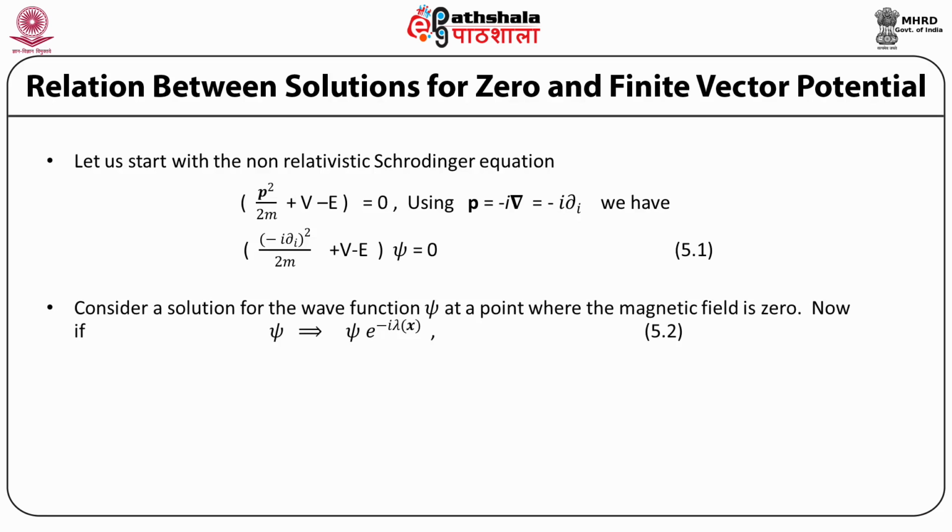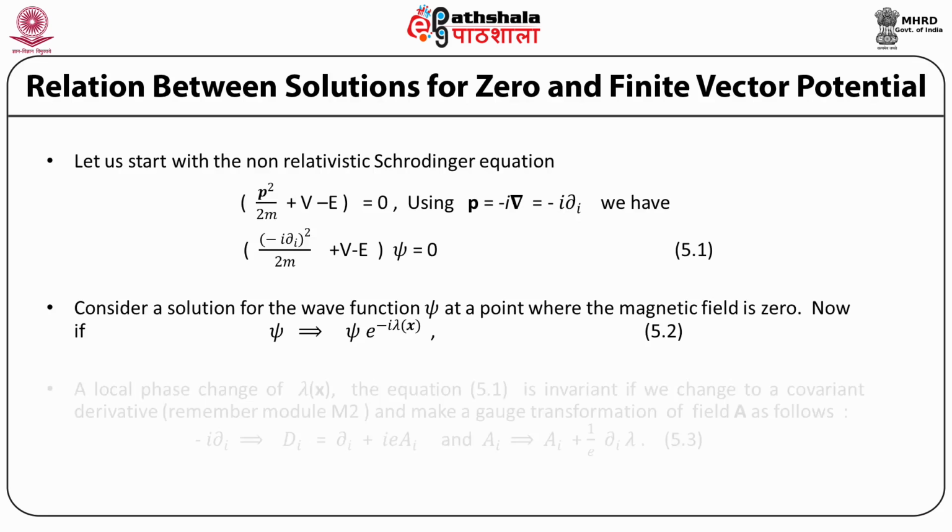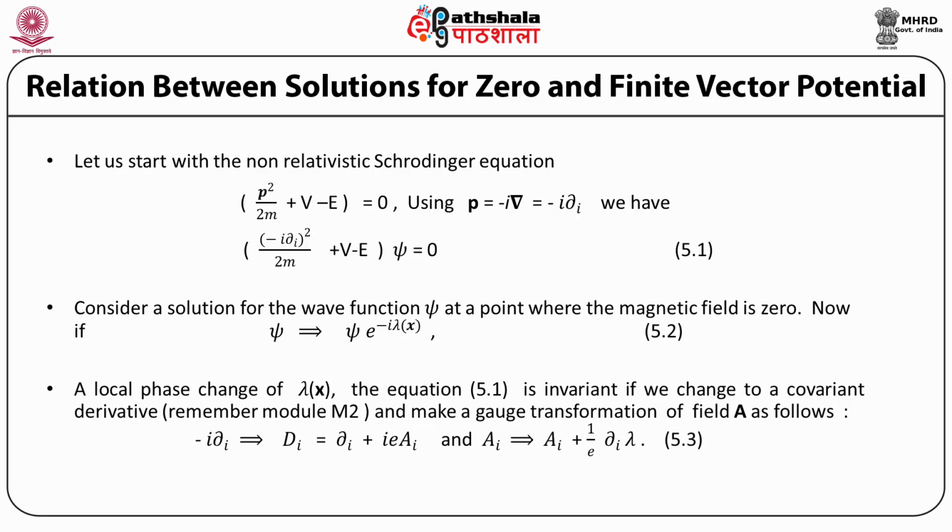Consider a solution for the wave function ψ at a point where the magnetic field is 0. Now, if ψ goes to ψ with a phase factor exponential minus i λ(x), a local phase change of λ, which is a function of x vector, the equation 5.1 is invariant if we change to a covariant derivative, as we referred to in the module M2, and make a gauge transformation of field A vector as follows.